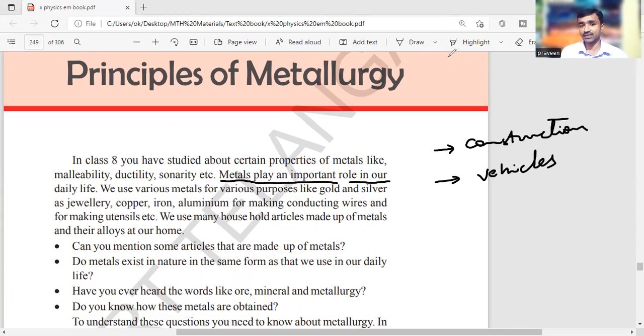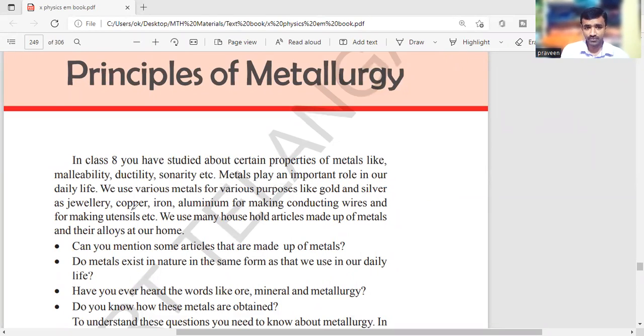So many advantages are there with metals. In our daily life, we especially use copper, iron, aluminum, bronze, silver, gold. Some of them are alloys.